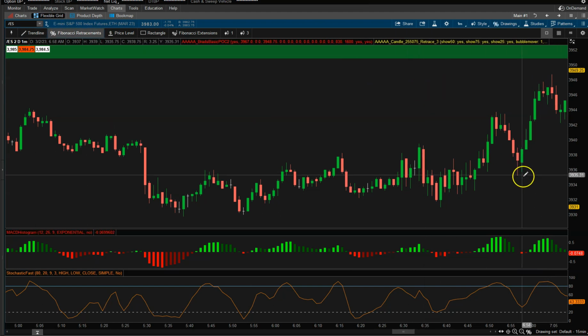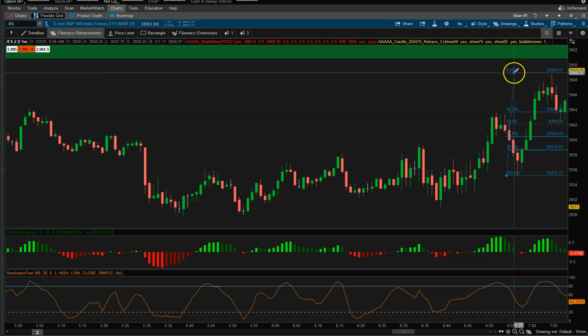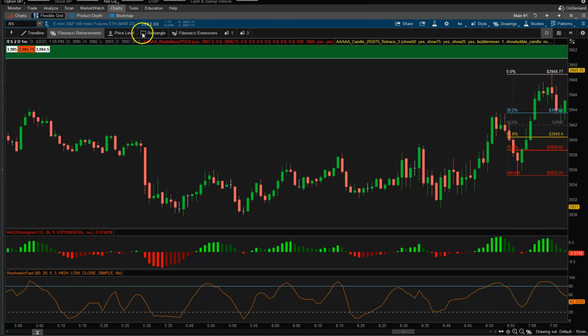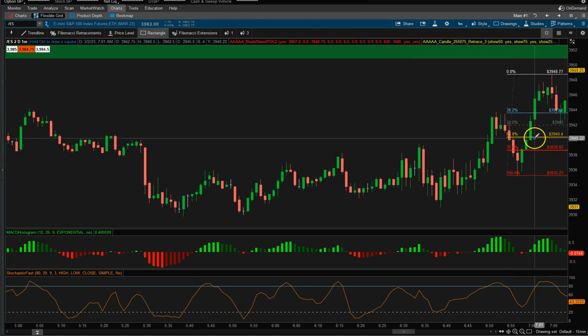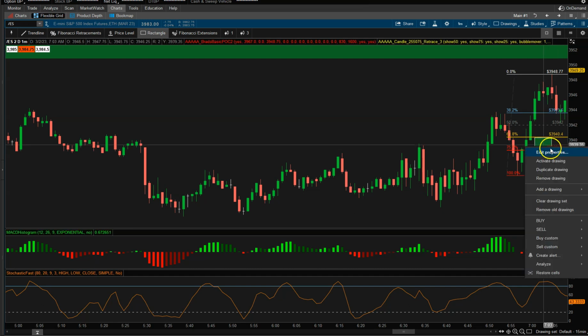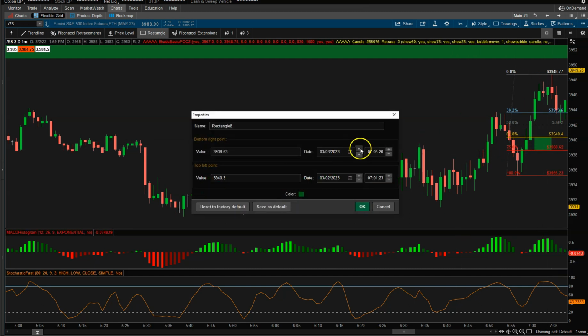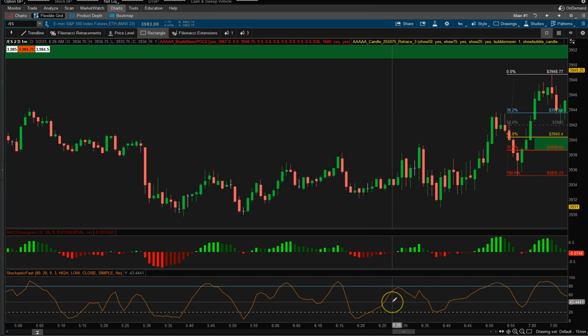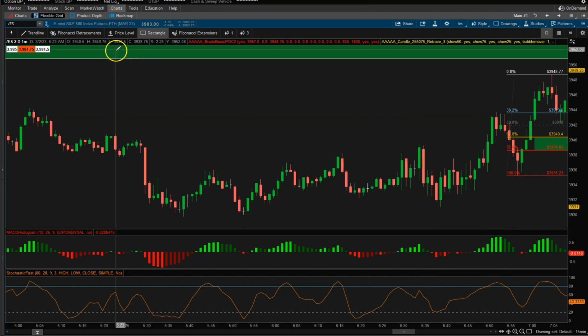So I'm going to grab my Fibonacci tool, and I'm going to look for my 61 to 75% pullback. Somewhere within this range is where I'm going to look for a potential trade. I also teach you how to do this in my video course, but let's see what price does. Because I see the market's very clean right now.